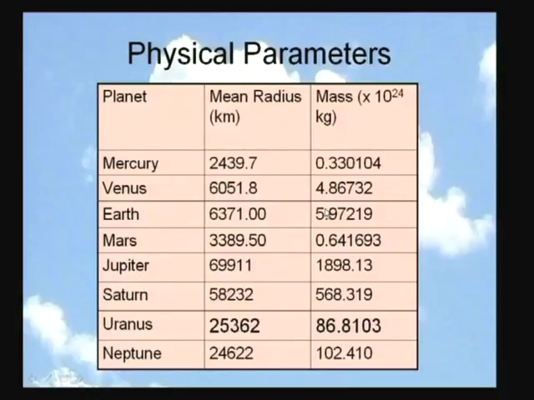So, these are much more massive, that is the first thing. And if you look at the radius in kilometers, Earth has a radius of 6,371 kilometers, which is the largest amongst all the inner planets, whereas the radius of Jupiter is 69,911.